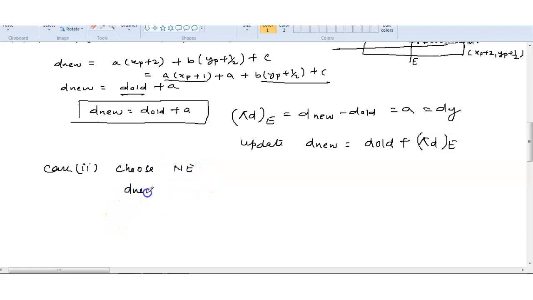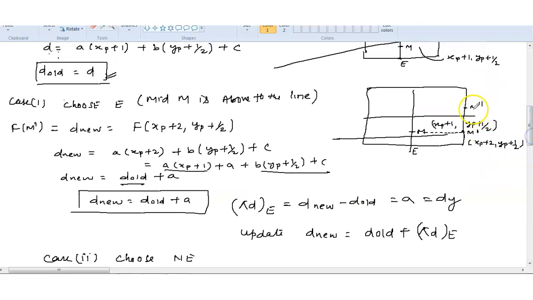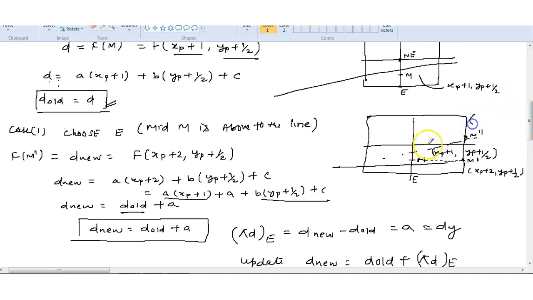That time d new is equal to, the next coordinate will be here, this m double dash, because the straight line will pass like this. So this m double dash coordinate will be here. The x coordinate changes by 1 pixel, so xp plus 2, and y also changes by 1 pixel, so it becomes yp plus 3 by 2.